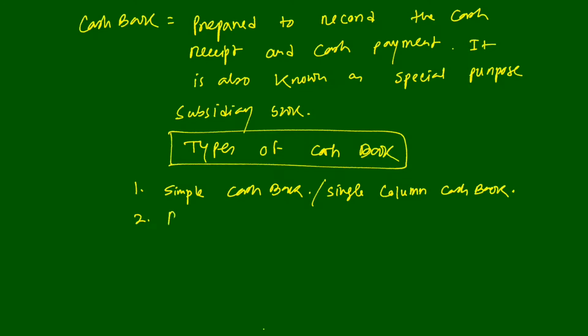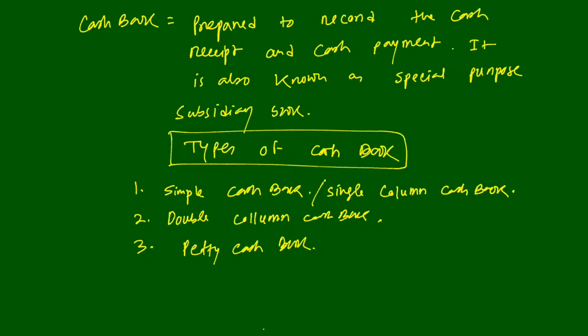Number two is double column cash book, and number three is petty cash book. Okay, you have to remember these three points separately.